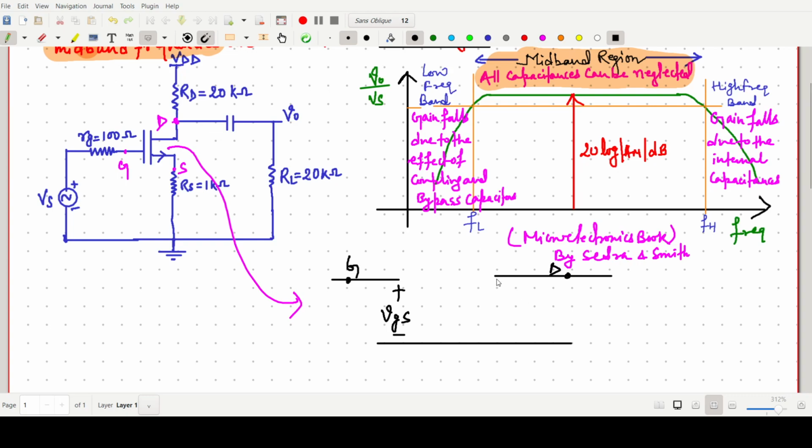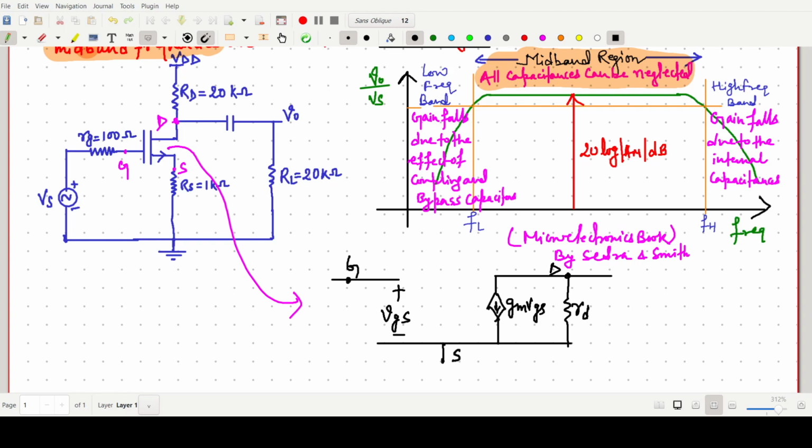This one will be the drain, and this becomes gm VGS, and some resistance, say RD, a finite resistance, and this one is the source.